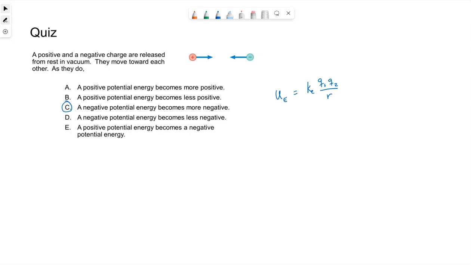Now, because these charges are opposite, we would put a positive in for one of them and the negative in for the other, which would give us a negative answer. We know they're attracting as they get closer and closer. r is going to get smaller, which is going to give us a bigger absolute value, but the answer will still be negative. So it's going to get more negative.